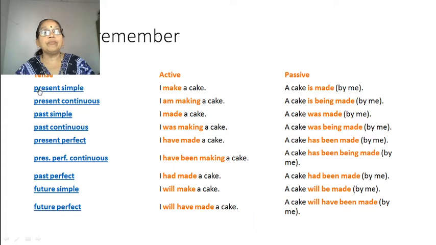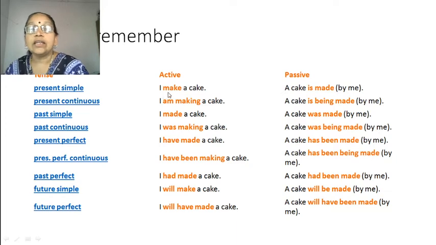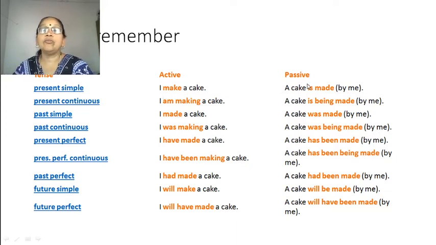For example, in simple present tense, the sentence "I make a cake." So this is an example of active voice. So how do we change this sentence into passive voice? Here I is the subject, make is the verb and cake is the object.